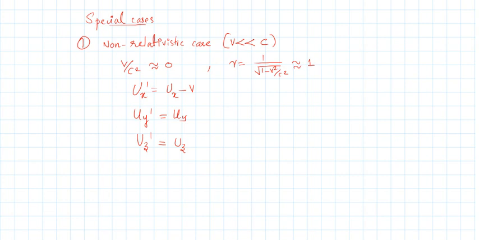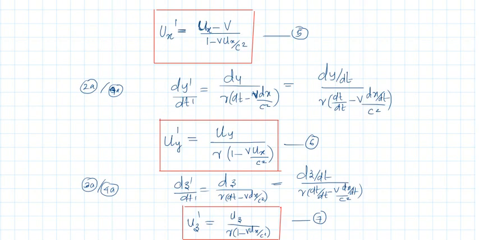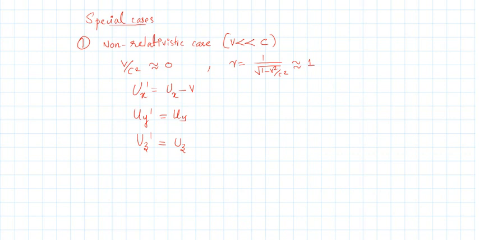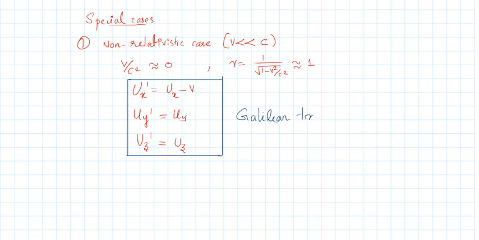So in the second equation, gamma goes to 1 and v by c square goes to 0, so uy prime equals uy. These are exactly the equations that the Galilean transformation uses. So the Galilean transformation is a special case of the Lorentz transformation equations.